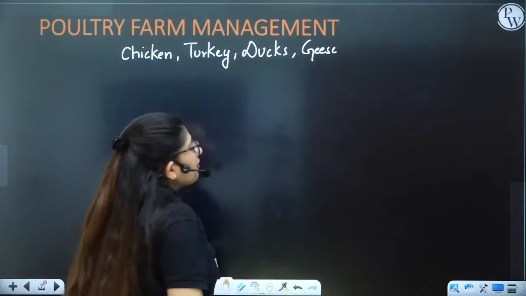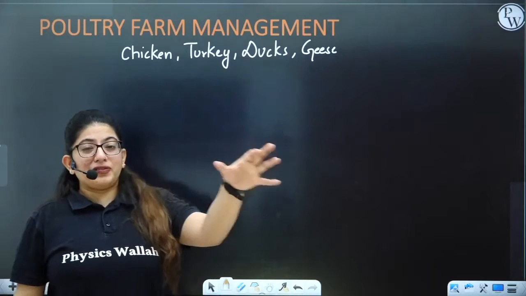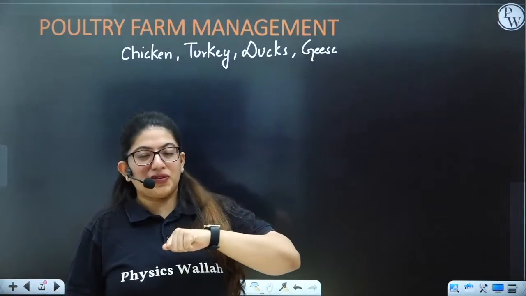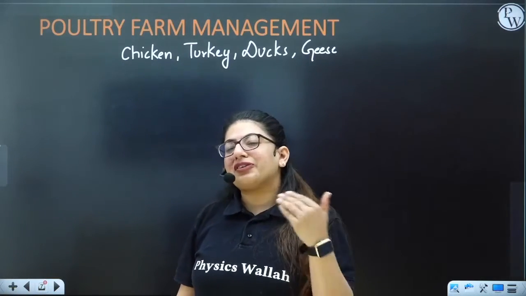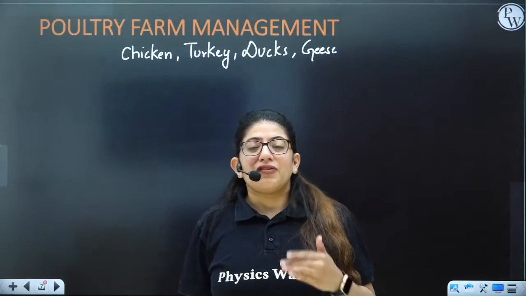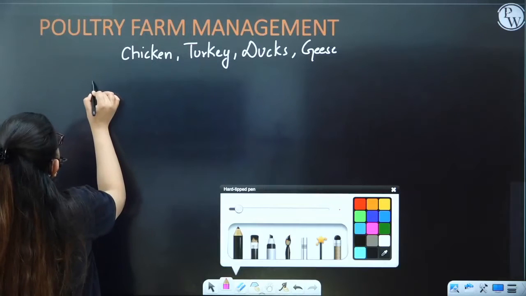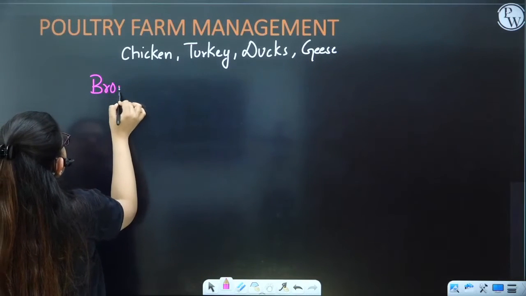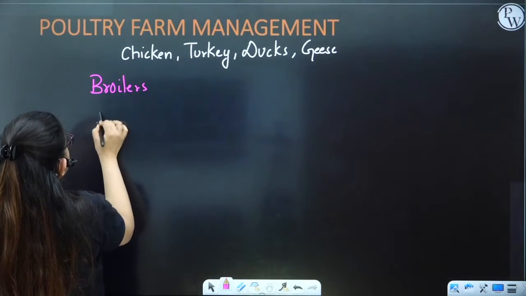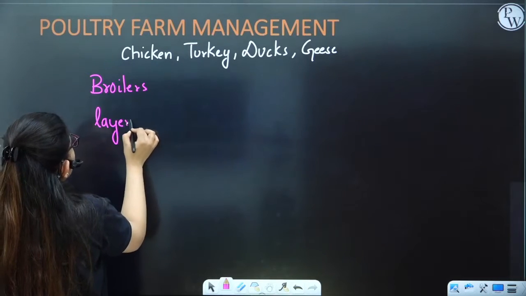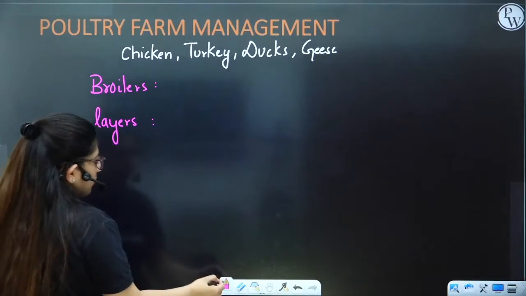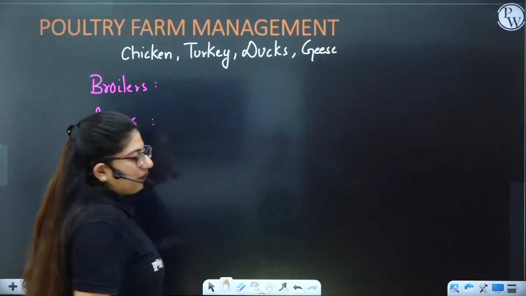So why are we rearing these animals? For example, we were rearing the cattle for milk. Why are we rearing the poultry farm animals? First of all, we are rearing for broilers, and we are also rearing for layers. So there are two words you'll come across in your life as well.